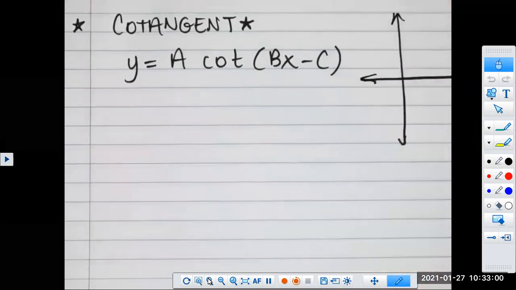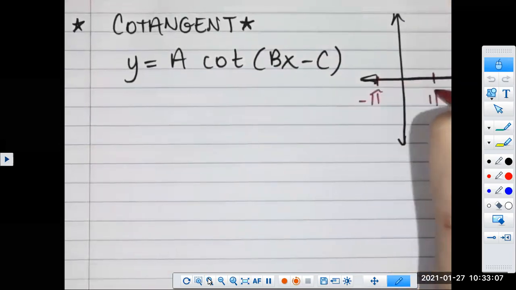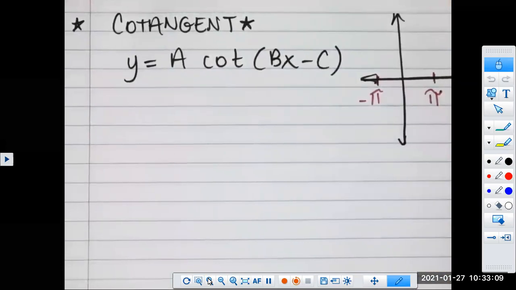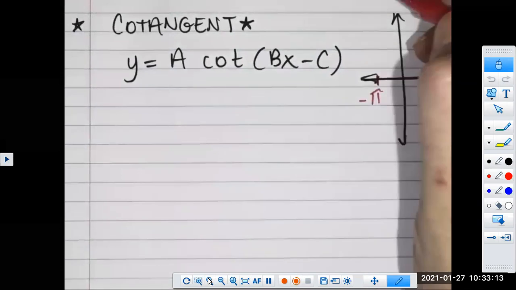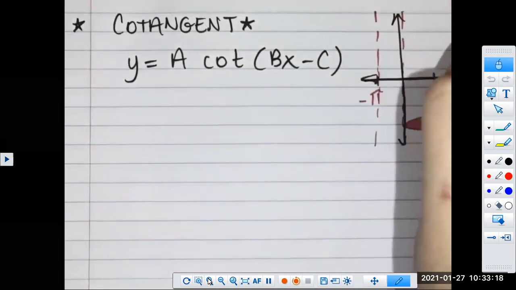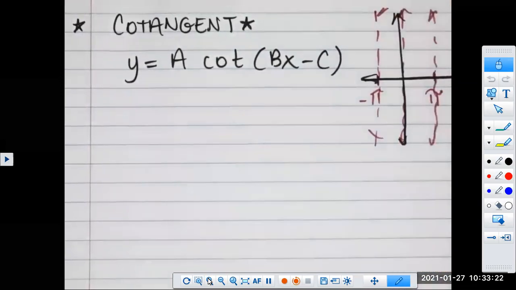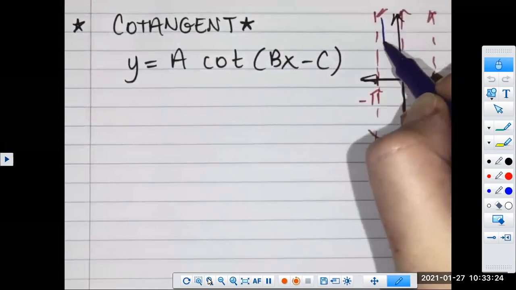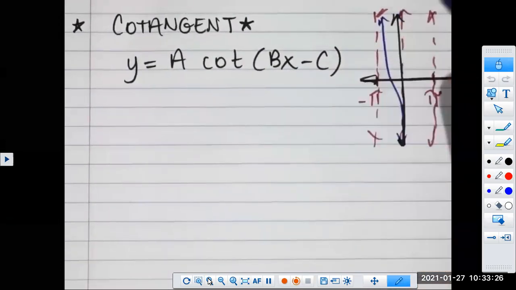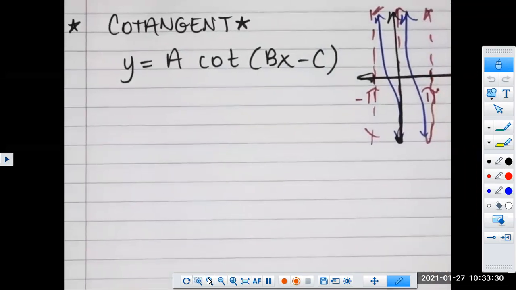So a basic cotangent graph, you would have your vertical asymptotes at integral multiples of pi, and the curve inside is going to go this way. So it kind of looks like that. That's a terrible sketch, but anyway.